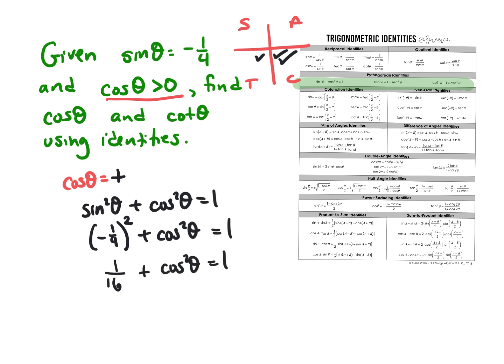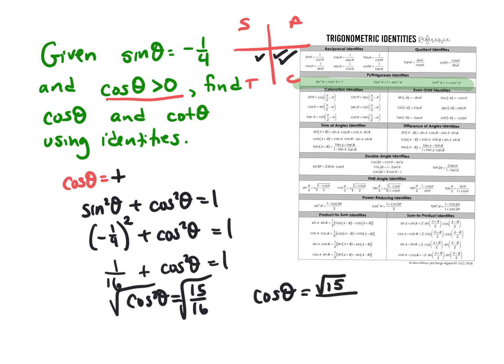I'll subtract 1/16 from both sides, so cosine squared is 1 minus 1/16, which is 15/16, because 1 whole is 16/16. Then I'll take the square root. Here's why the sign is important. When I take the square root, it could be positive or negative, but I'm picking positive because it's in the 4th quadrant. So this is positive square root of 15 over 4. The square root of 16 is 4, and the square root of 15 doesn't simplify.